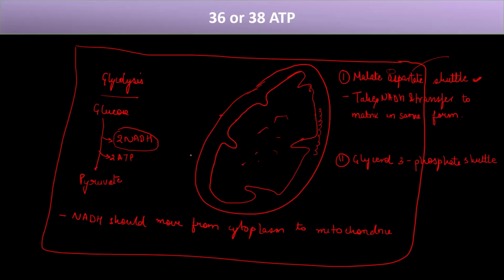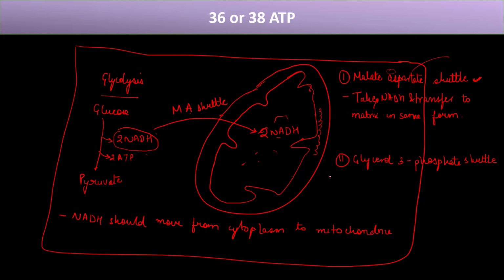So what will happen then? Then 2 NADH will finally be obtained if your shuttle is malate aspartate. So I'm writing it as MA, malate aspartate shuttle. Here it is NADH, and here also when it reaches, it will be NADH.